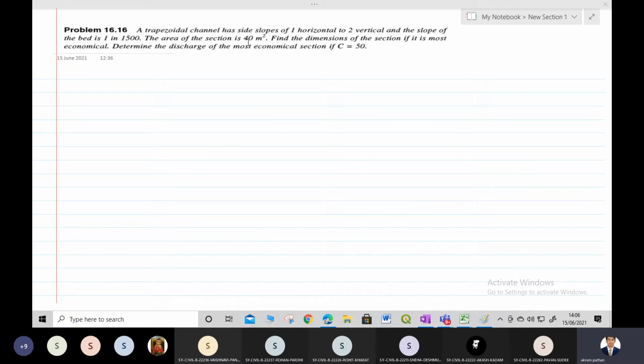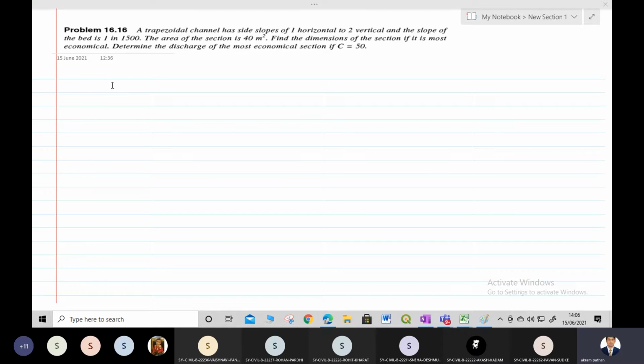The area of the section is 40 meter square. Find the dimensions of the section if it is most economical. Determine the discharge of the most economical channel section if Chezy's constant C is equal to 50. So this is the problem. For example, this problem is assigned to roll number 1 or roll number 2, etc.